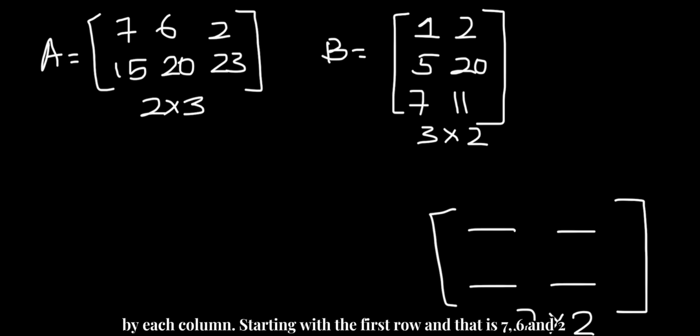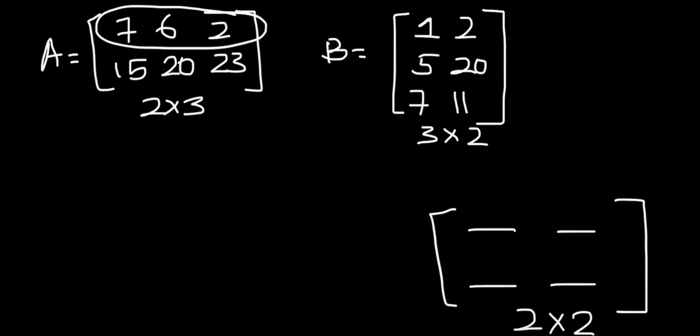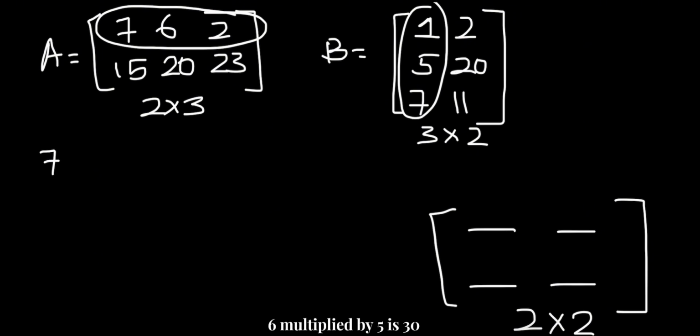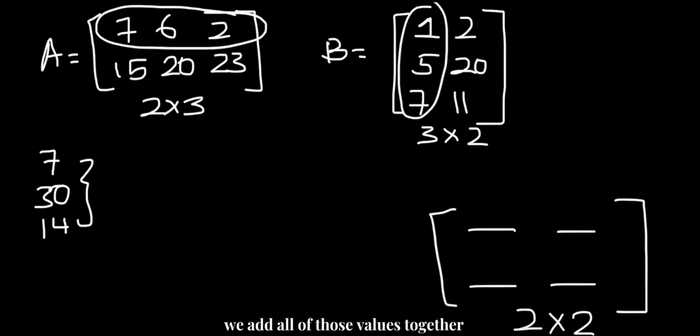Starting with the first row, and that is 7, 6, and 2, we multiply it by the first column, 1, 5, and 7. 7 multiplied by 1 is 7. 6 multiplied by 5 is 30. 2 multiplied by 7 is 14. We add all of those values together and we get 51. This answer goes in here.